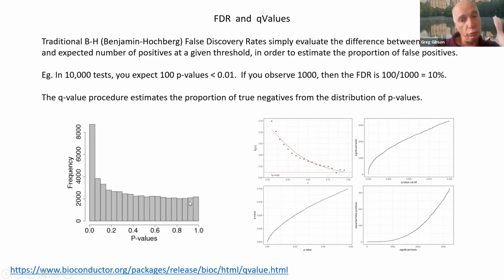On a uniform distribution, the expectation is you have the same number of p-values in each bin, but actually there's so much covariance of gene expression, and there are so many significant results in most experiments, that you expect to see an excess of p-values less than 0.05 in this case. So each bin is 0.05, 0.1, 0.15, 0.2, and so forth.